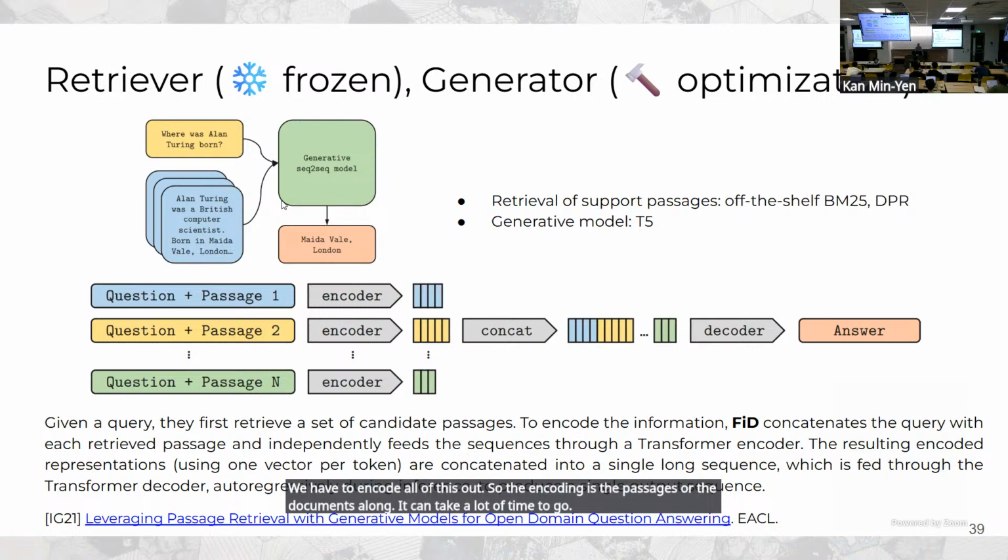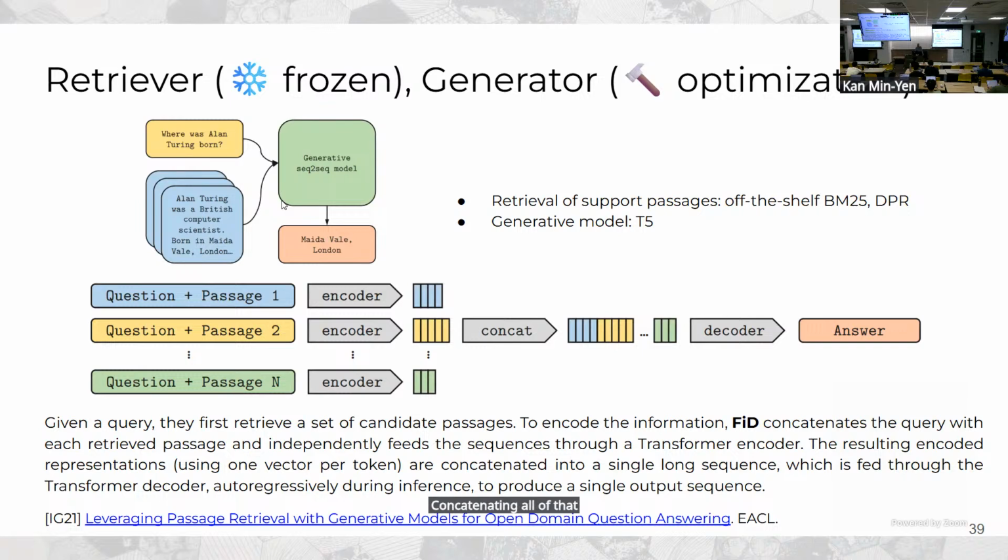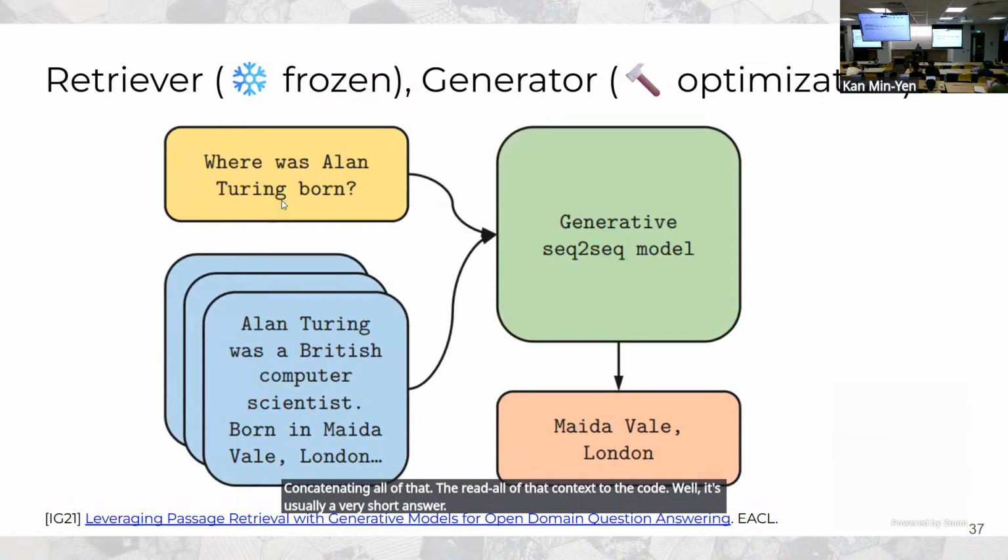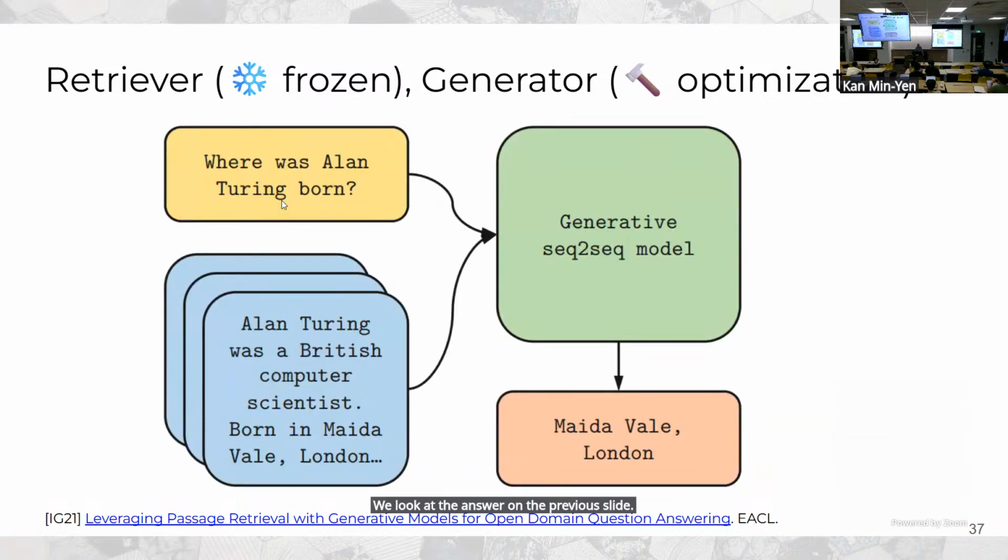So we have to spend a lot of extra time encoding and concatenating all of that, to read all of it in context to decode what is usually a very short answer. If you look at the answer on the previous slide, it's only like 3 words. To get those 3 words, we have to encode the query, encode the documents, and then decode all of that out. It's very expensive.